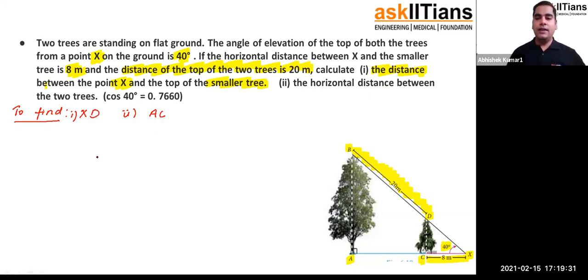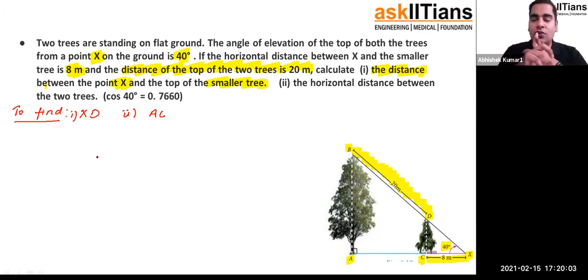One important thing I would like to highlight: the angle of elevation provided is 40 degrees, and in 10th standard we haven't come across the trigonometric ratios of 40 degrees. So in case you come across a problem where you haven't studied the trigonometric ratios of that angle, they will always provide you the needed support. For example, here they have given you the value of cos 40.